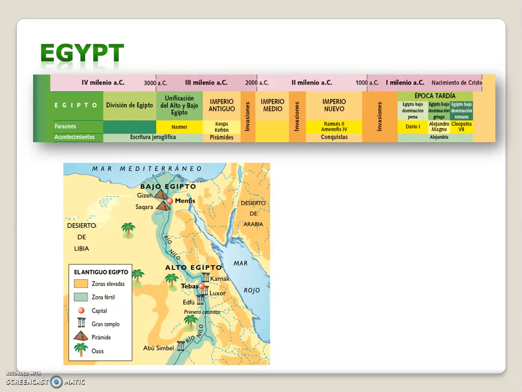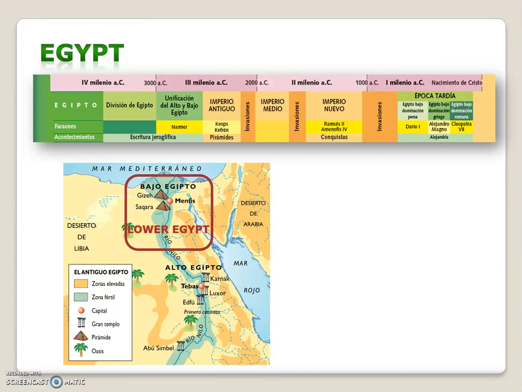If you look at the timeline on the top, we have here a very long history during 3 millennia. This history started at the end of the Neolithic, when some of these cities that developed the hydraulic works started growing and formed 2 different kingdoms.